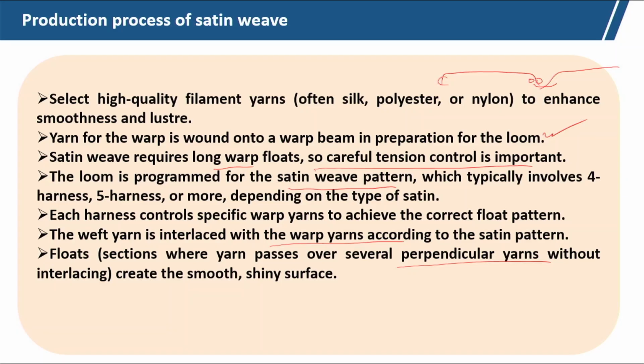This creates a smooth and shiny surface, because the shine is due to regular reflection. In the case of plain weave, the reflection will be scattered; at every interlacing point, the light will get reflected in a different direction.